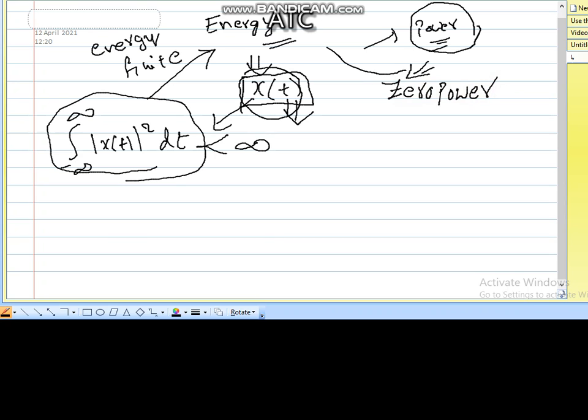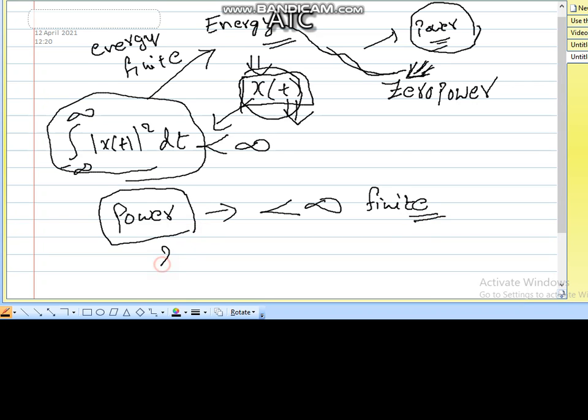Likewise, when x(t) has finite power, it is called a power signal, and it has infinite energy.